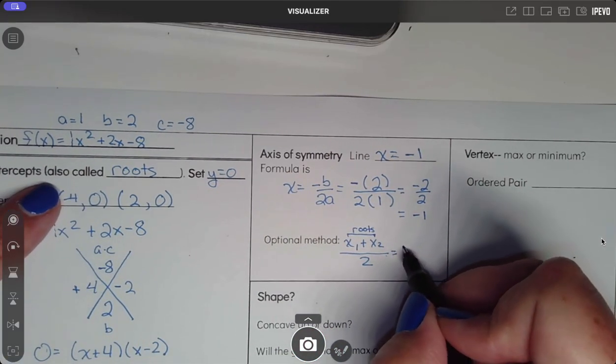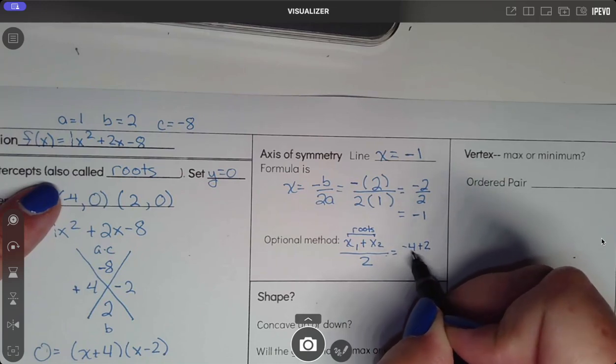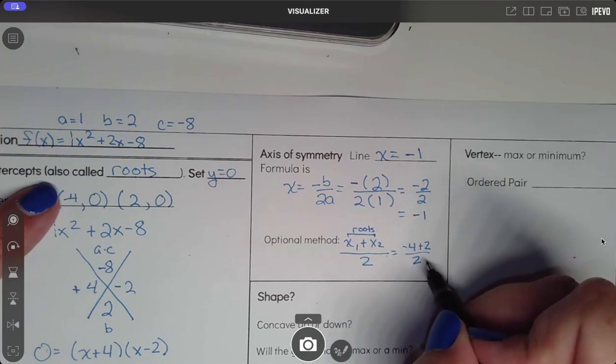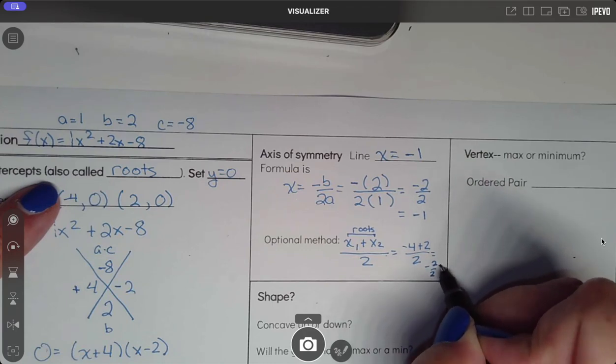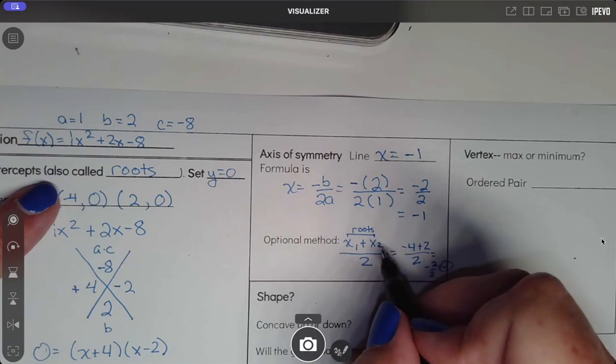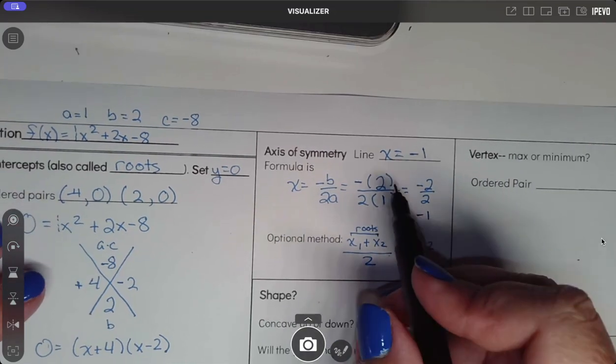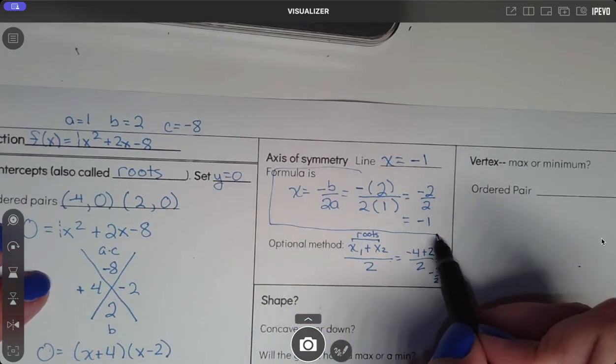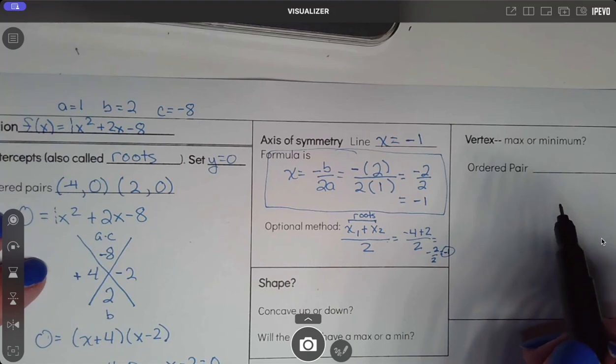So that would be negative 4 plus 2 divided by 2, and that gets me negative 2 over 2 equals negative 1. So that's the same answer, it's just the optional method. This is the method, though, that you'll be responsible for on any assessment.